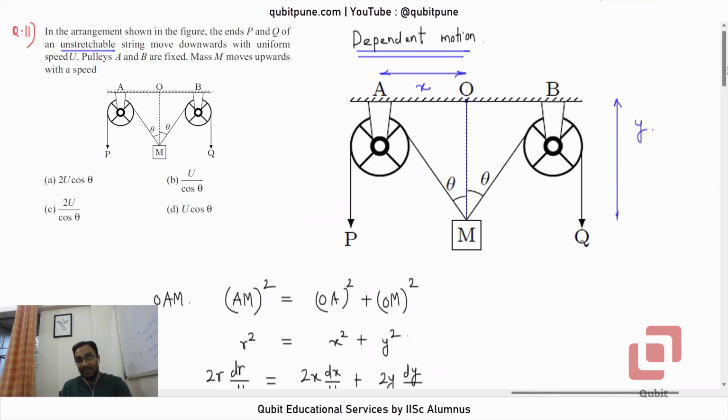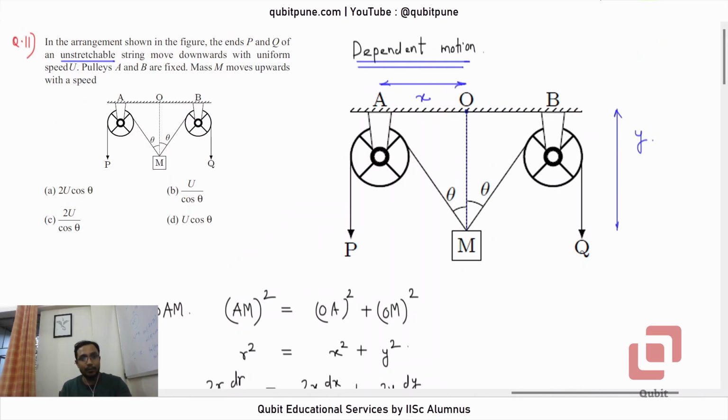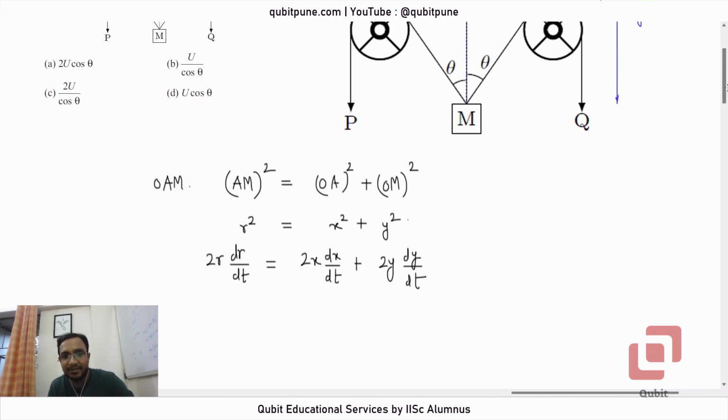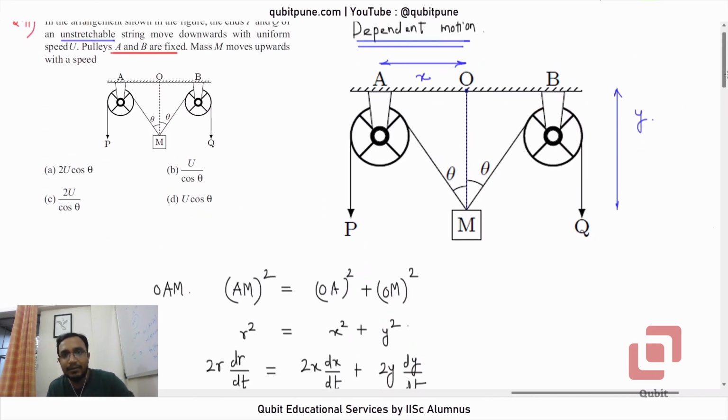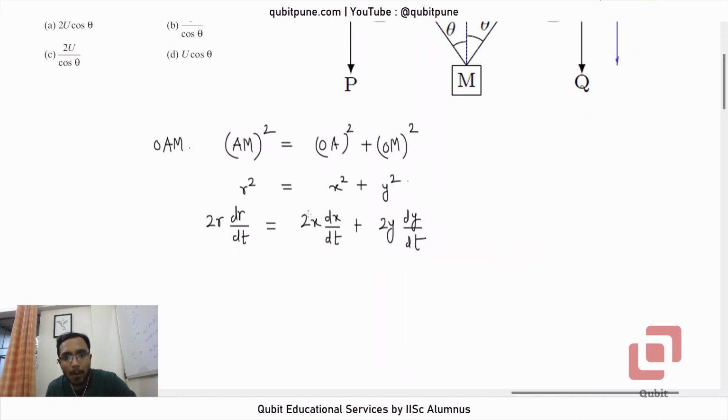They are saying that pulleys A and B are fixed, so dx by dt is 0.